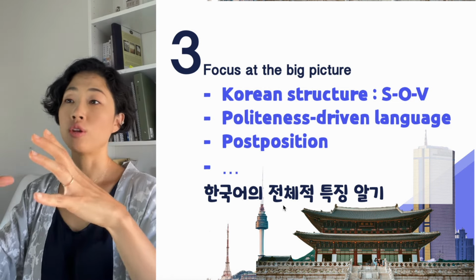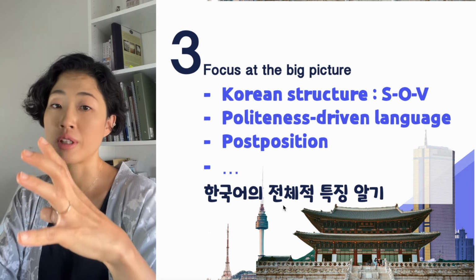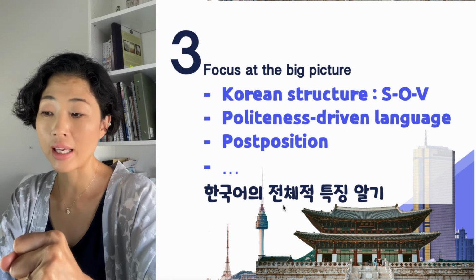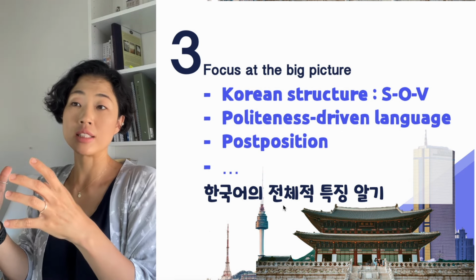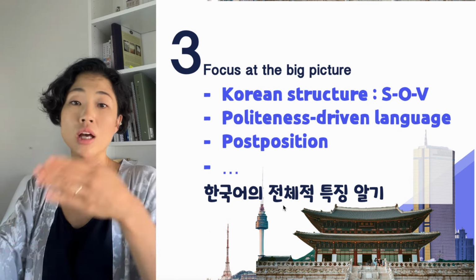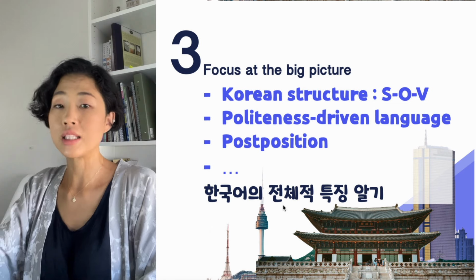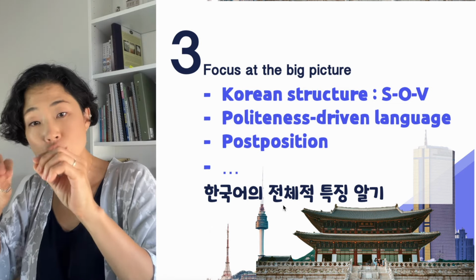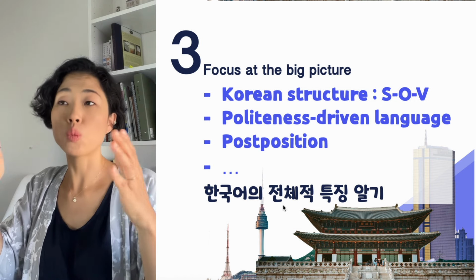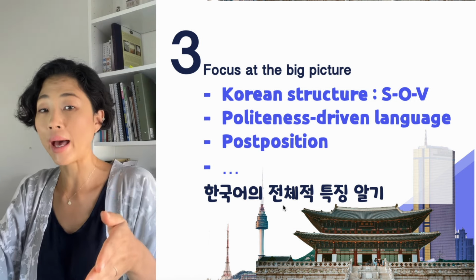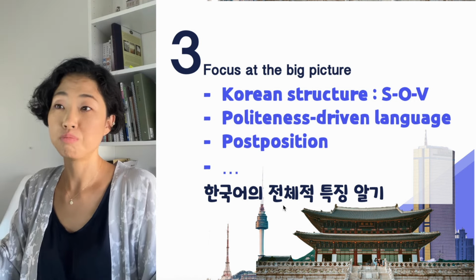When you understand the general structure of the Korean language, how it goes, it will be much easier after that. Then you start to see each tree, such as tense, verb, politeness, inside the forest, the big picture, and it goes way easier to find your path to conquer or completely understand the Korean language.